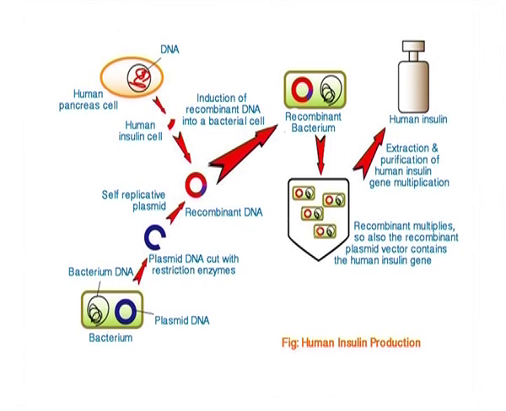The host bacterium multiplies, and so does the recombinant plasmid vector, resulting in rapid amplification of the human insulin gene. Today, many human proteins are routinely produced in bacteria or eukaryotic cells growing in culture.